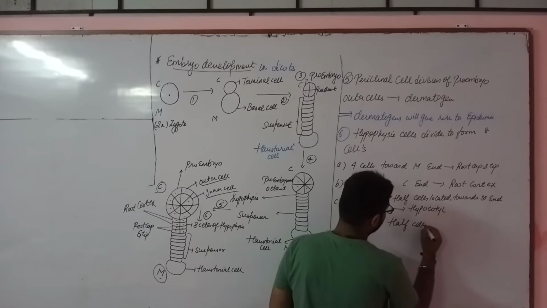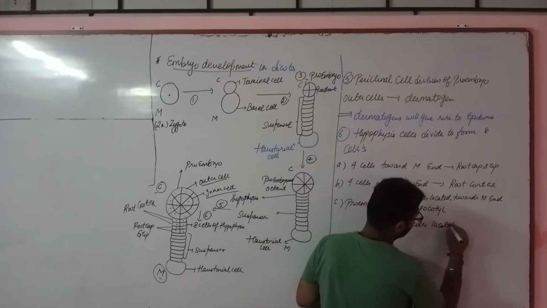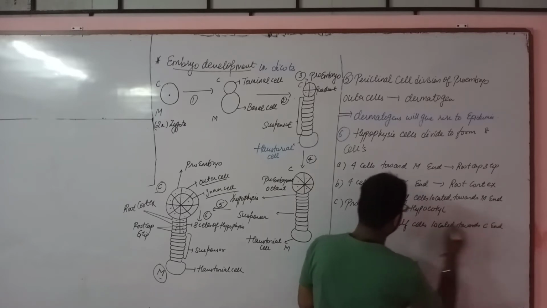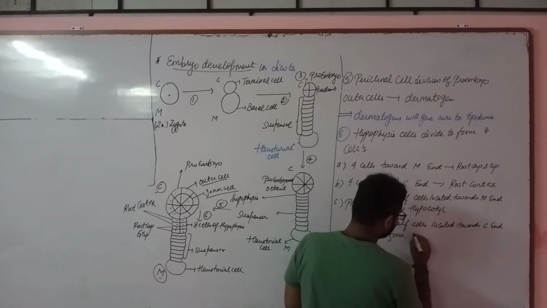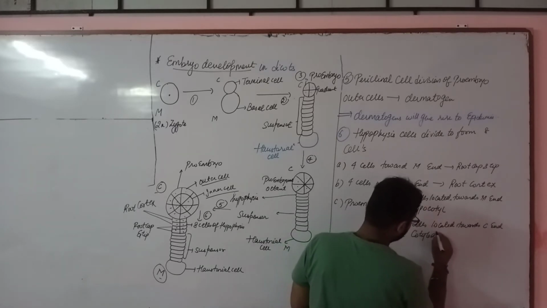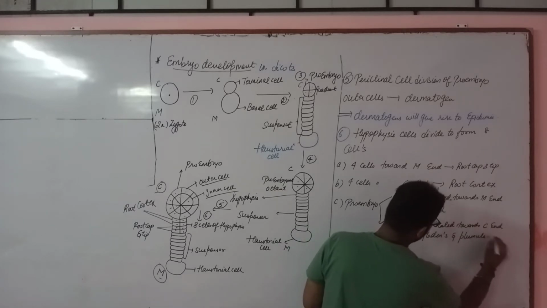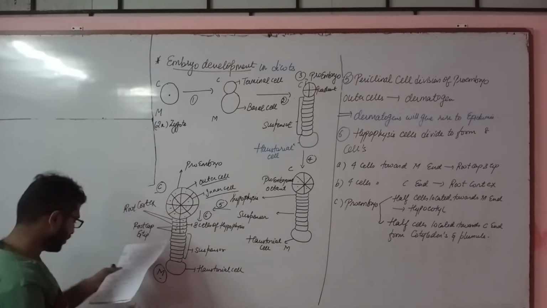So half cells of pro-embryo located towards the C end, that is the chalazal end, will form this cotyledon and plumule, right? So we have divided the cells of pro-embryo also.